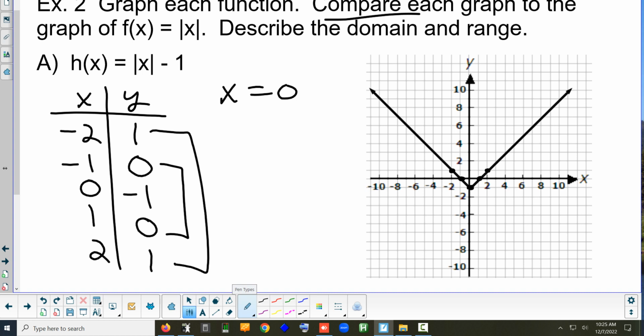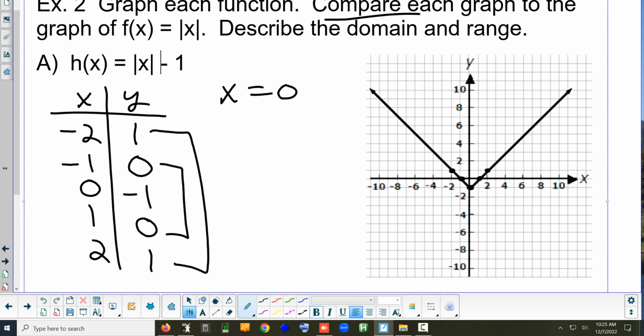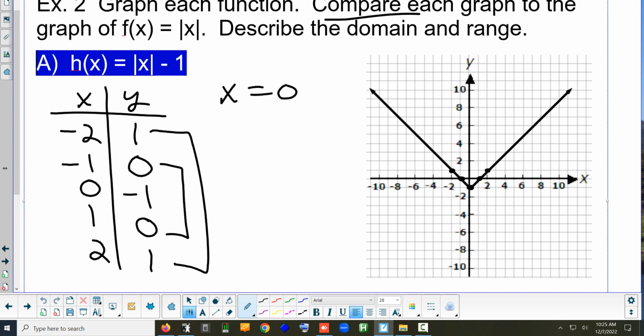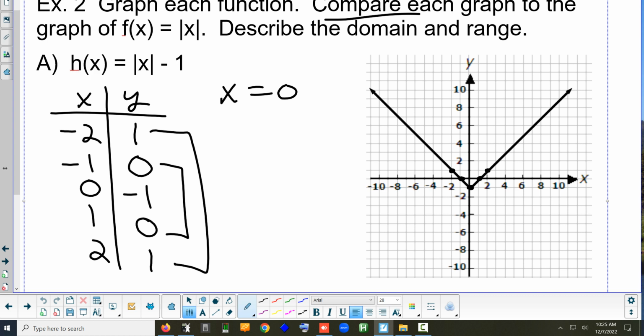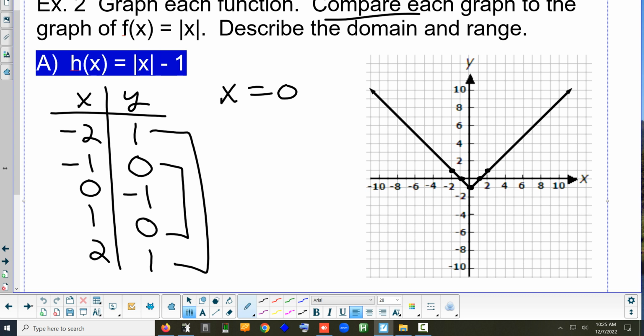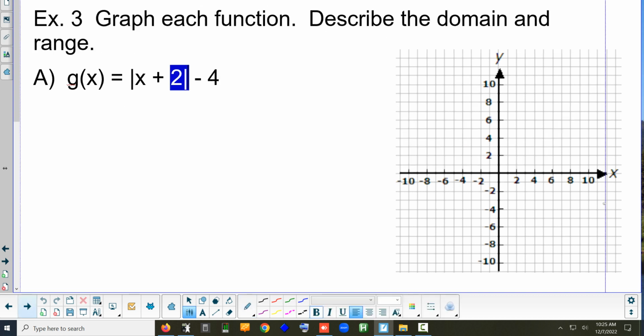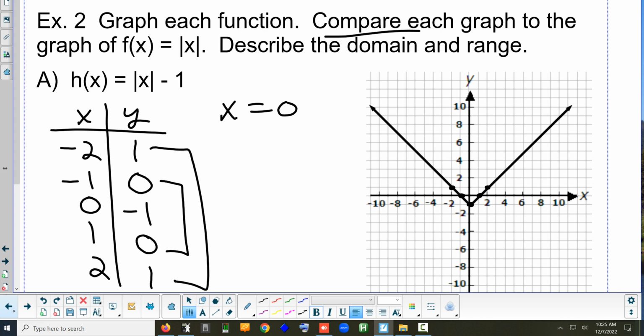All right, so we still have to do the compare. We want to describe what happened to that graph. I want to know what this -1 did. What does subtracting a number on the outside do? Not on the inside. We're gonna do another one on the inside in a minute. That'll probably be our last one. But what does subtracting a number on the end do?